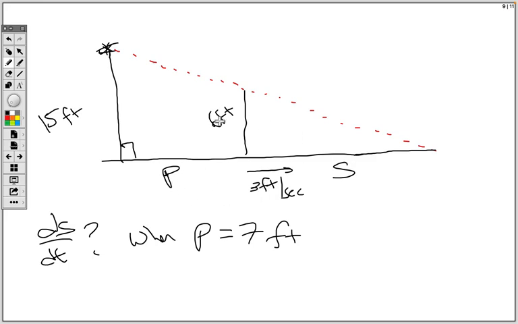So we need to look at a relationship between the two things that are changing here with respect to time, P and S. That's going to be true for all time. And the relationship we're going to use is the so-called similar triangle relationship.